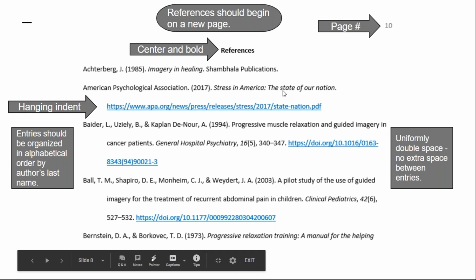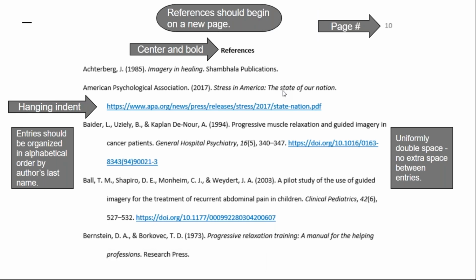So once the main body of your paper is finished, you're going to begin a new page and you're going to type references at the top, centered and bolded. So for MLA style, you put works cited at the top. For APA, it is references at the top. You still have the same formatting as far as hanging indentation.